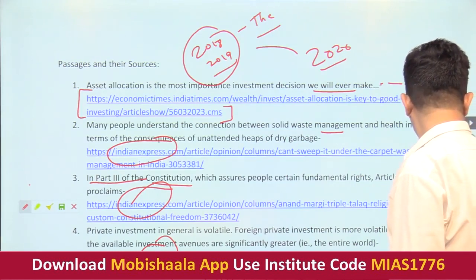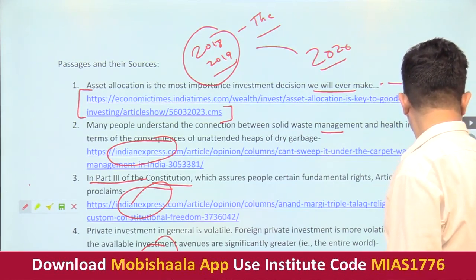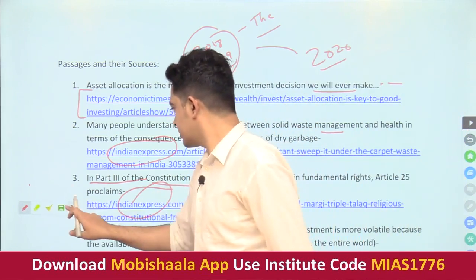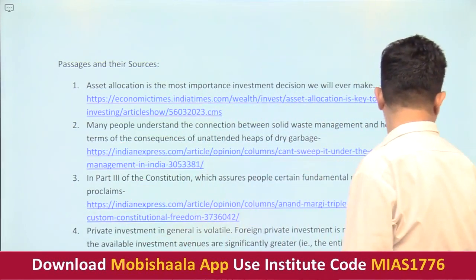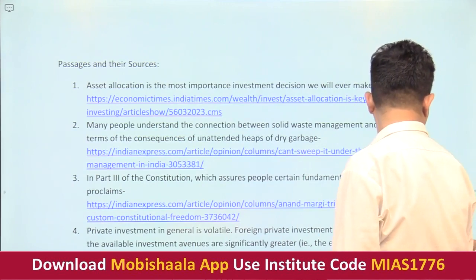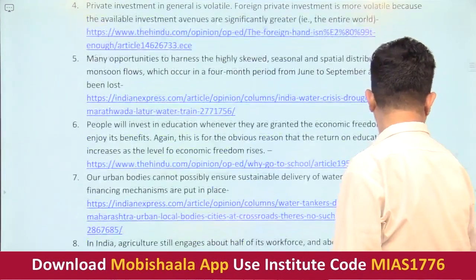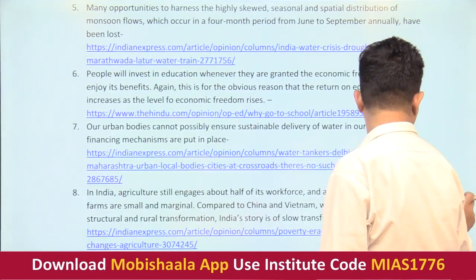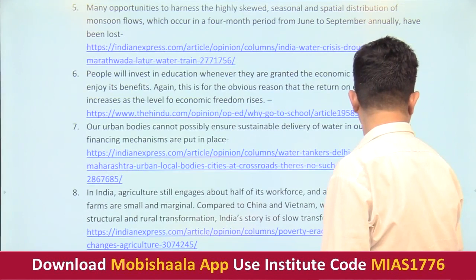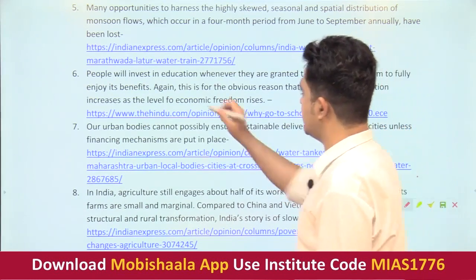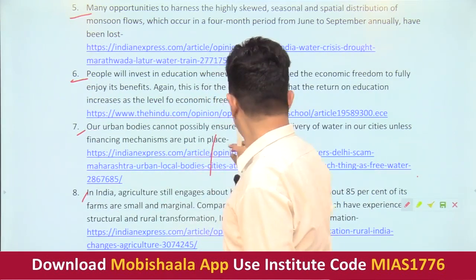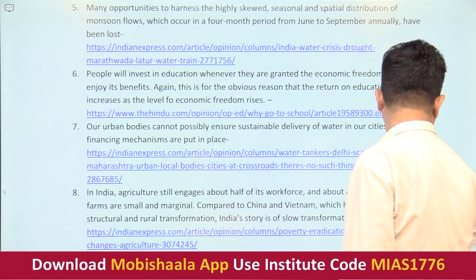As you can see, for the fifth, sixth, seventh and eighth passages, most of the sources are the Indian Express.